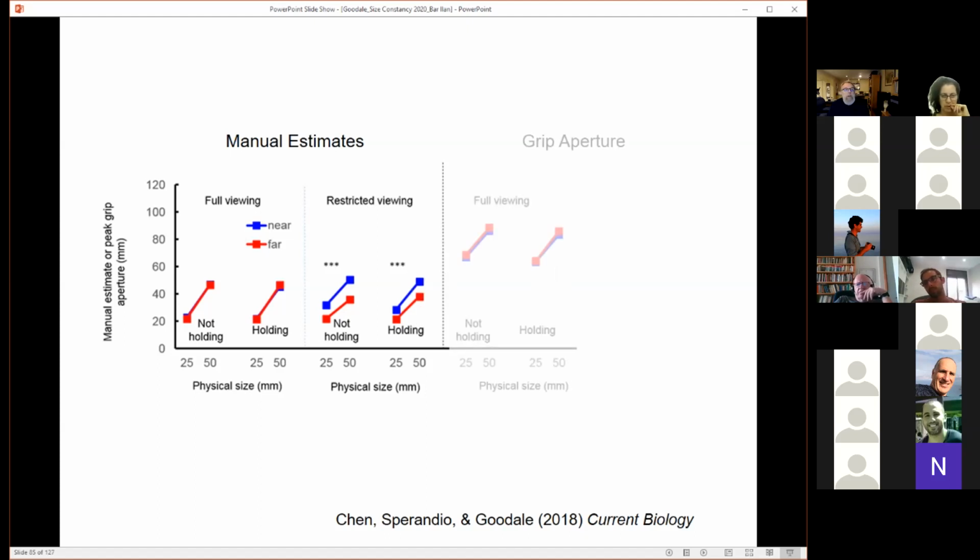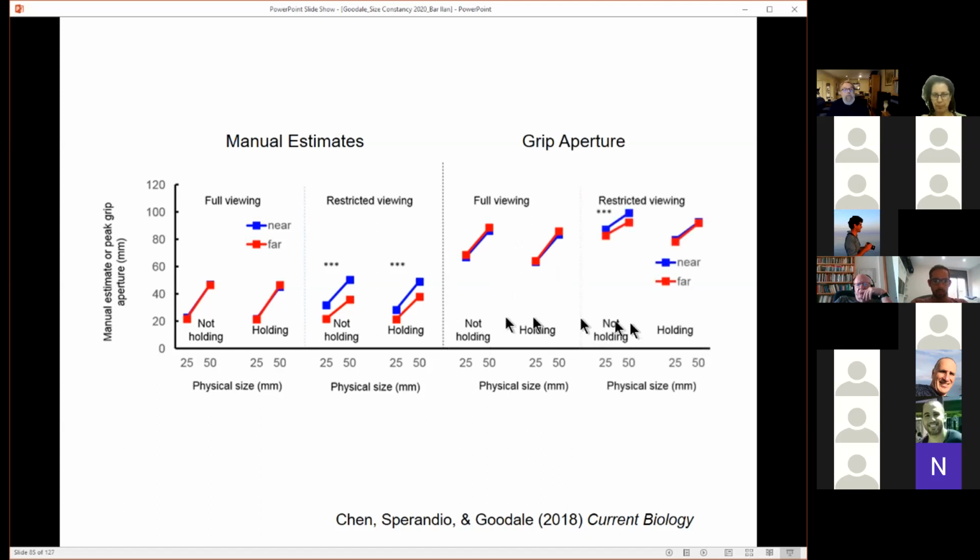So let's look at grasping. Well, under full viewing, not surprisingly, they scale their hand in flight to the real size of the object independent of viewing distance. And when they grasp it in restricted viewing, where they have virtually no cues to distance except proprioception when they're holding it, now you see a correction.